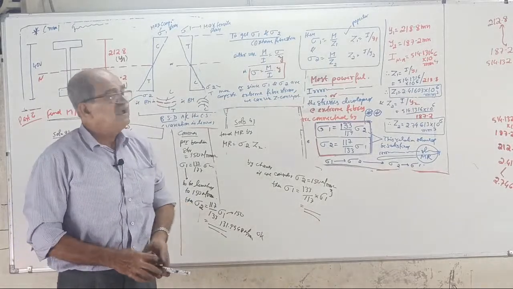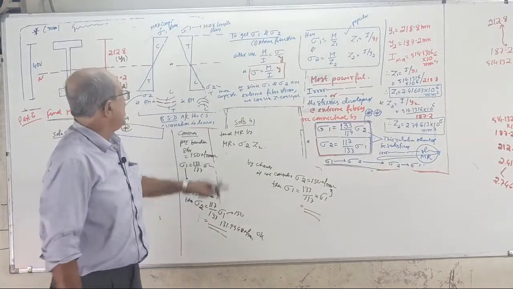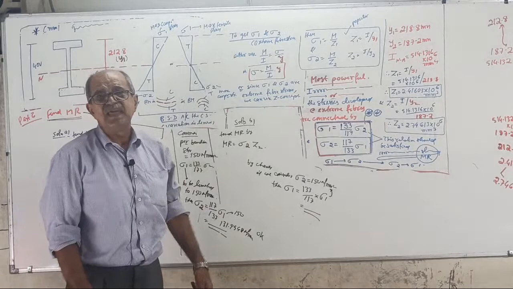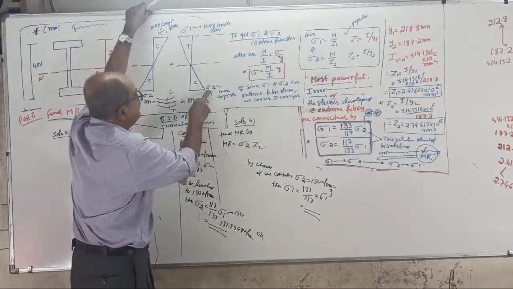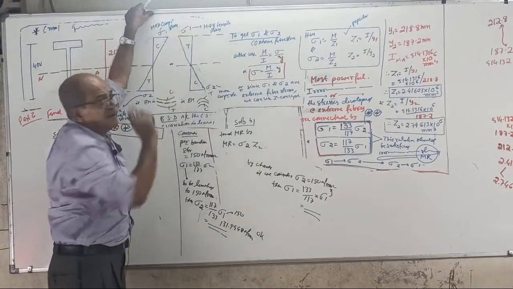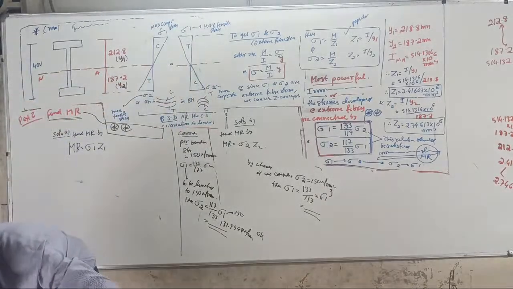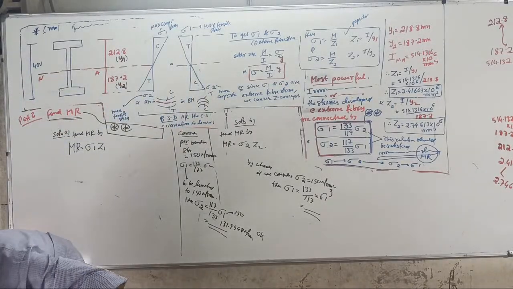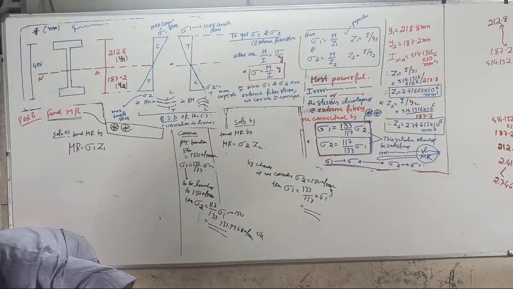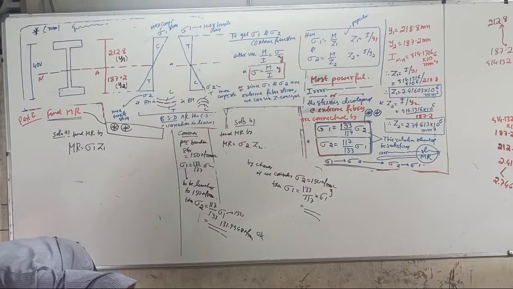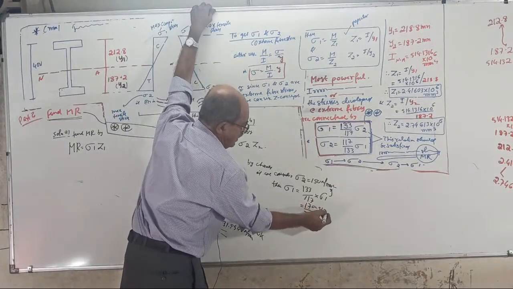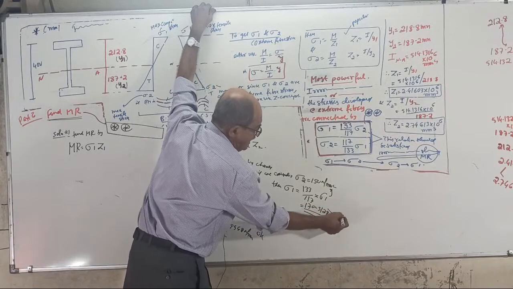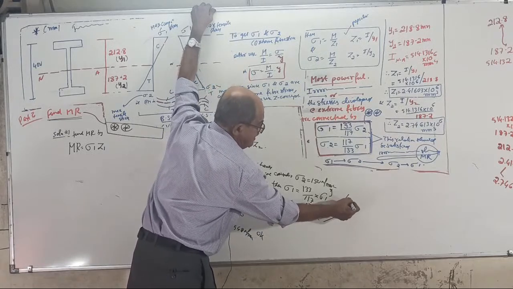Suppose by mistake they told bending stress and you randomly consider sigma 2. If you substitute sigma 2 equal to 150, how much will sigma 1 be? Now it is the correct answer, what you told earlier. 170.5128, which is more than the limit of 150.